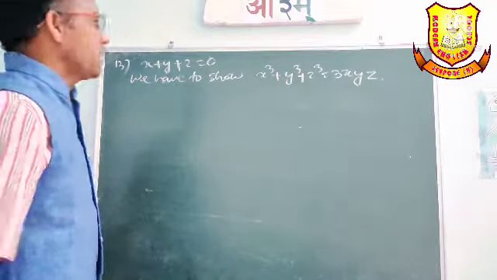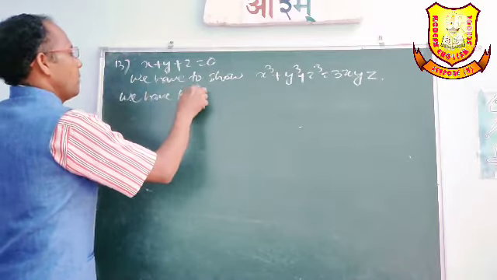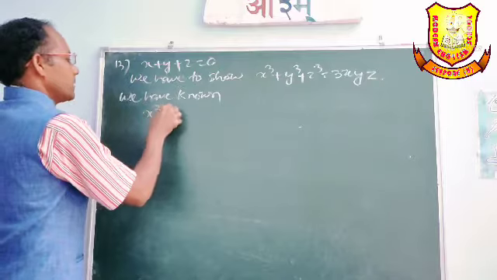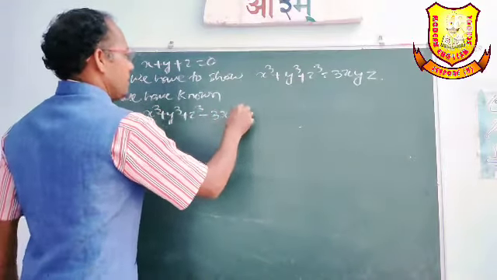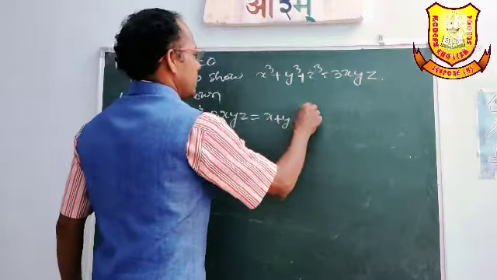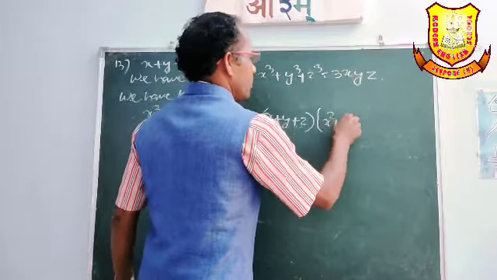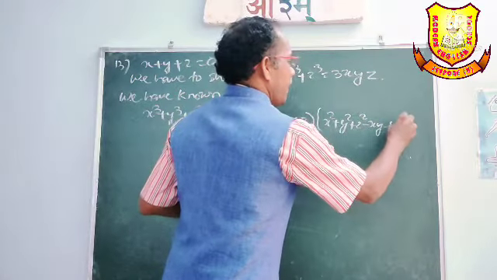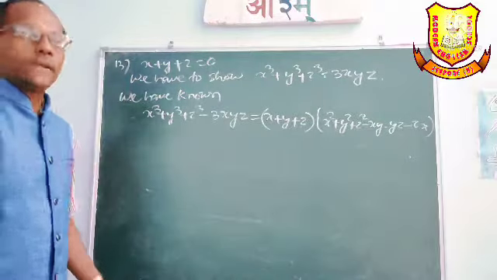So how can we show that? Now we have known x cube plus y cube plus z cube minus 3xyz is equal to (x plus y plus z) whole into (x square plus y square plus z square minus xy minus yz minus zx). We have known this.